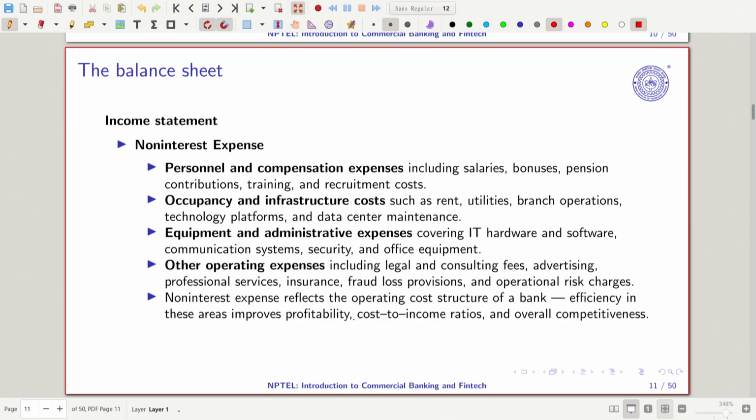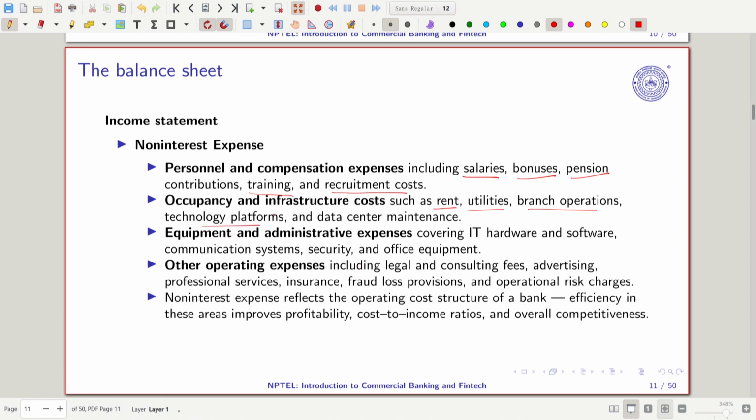Non-interest expense is nothing but the salaries of the employees and bonuses that banks give to their employees, pensions which they promise, training which they give to the employees, recruitment cost, many times when they hire bank POs and others, occupancy and infrastructure cost, which you can define in terms of rent, utilities, branch operations, technology platforms.